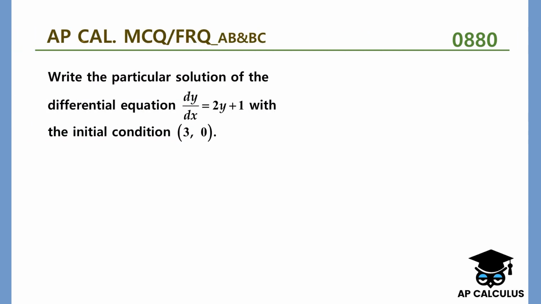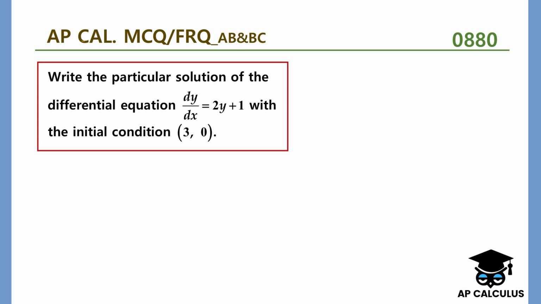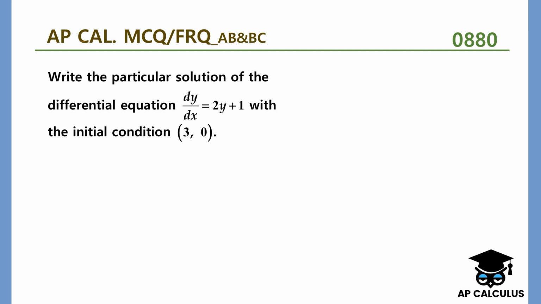Question 880. Write the particular solution of the differential equation dy over dx is equal to 2y plus 1 with the initial condition (3, 0). Okay, the first thing we have to do is separate the variables in this differential equation, right?